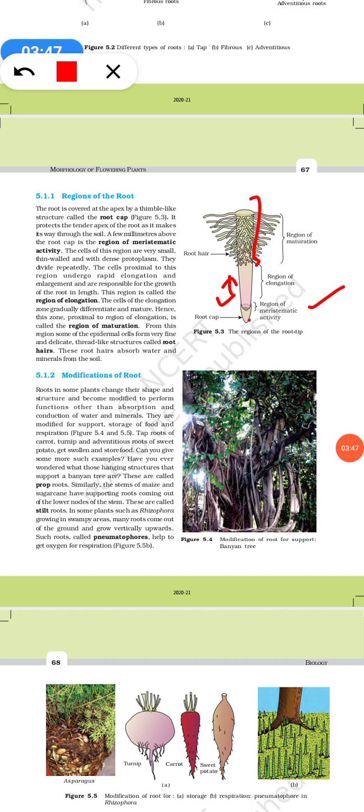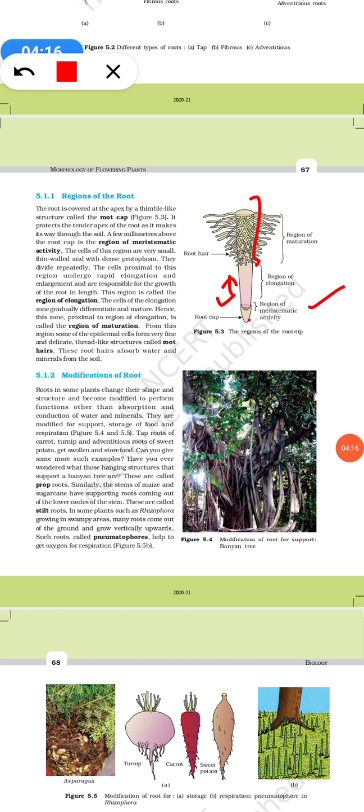The region of meristem is where there is growth, so cell division is taking place. The cells of this region are very small, thin walled and with dense protoplasm, so they divide rapidly. The cells proximal to this region undergo rapid elongation, which is responsible for the growth of the root in length.